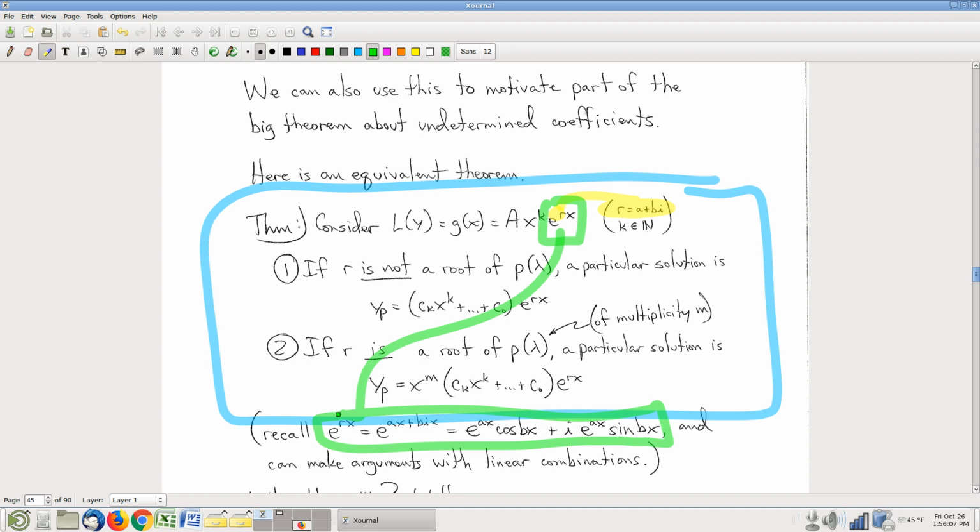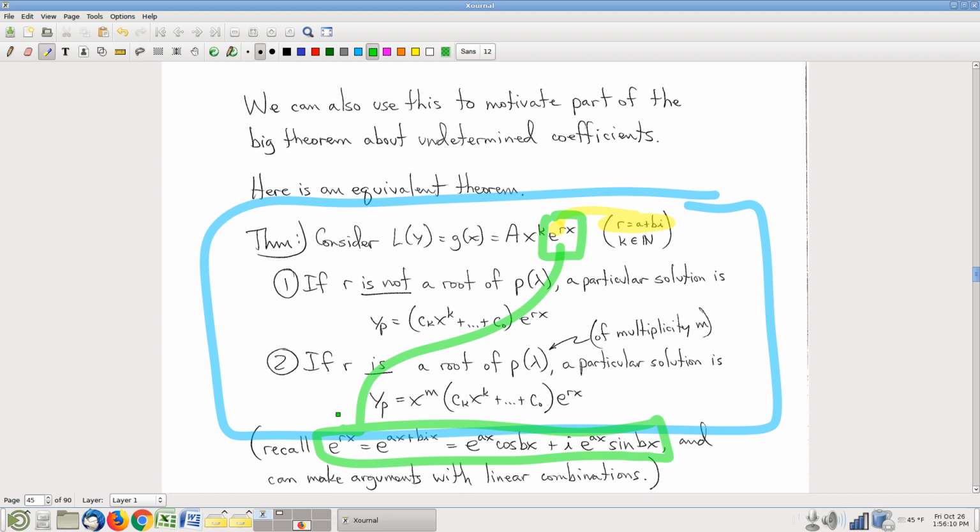So I'm going to make the assertion here that these functions, being linear combinations of the functions from the 4.3 theorem, and the 4.3 theorem functions being linear combinations of these functions, you can just play linear algebra games and show that this theorem I have circled in blue is equivalent to the theorem that's actually in 4.3. So this is an alternate version. You might call this the complex version of the theorem from 4.3.